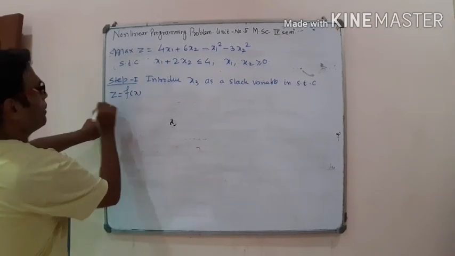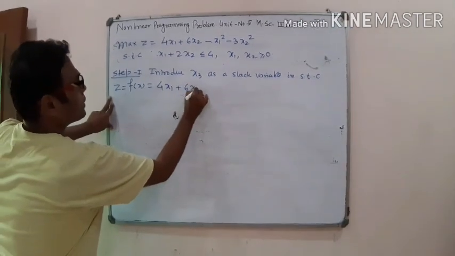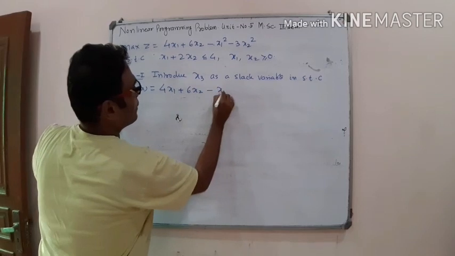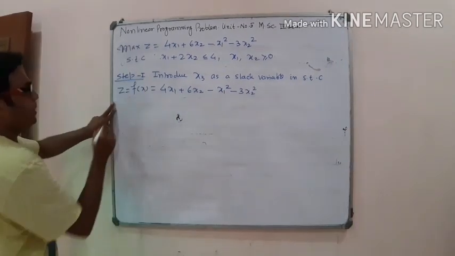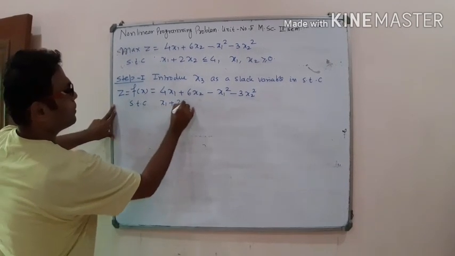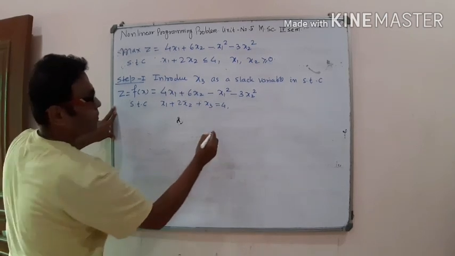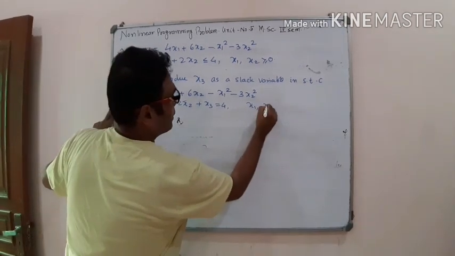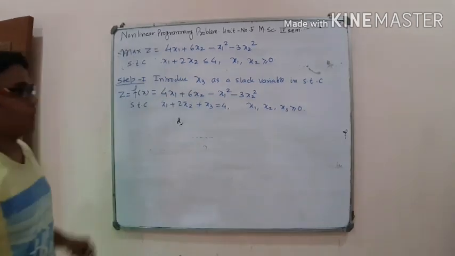The z is equal to f(x), which is equal to 4x1 plus 6x2 minus x1 square minus 3x2 square, and the constraint becomes x1 plus 2x2 plus x3 equal to 4, with all of x1, x2 and x3 greater than or equal to 0, non-negative.